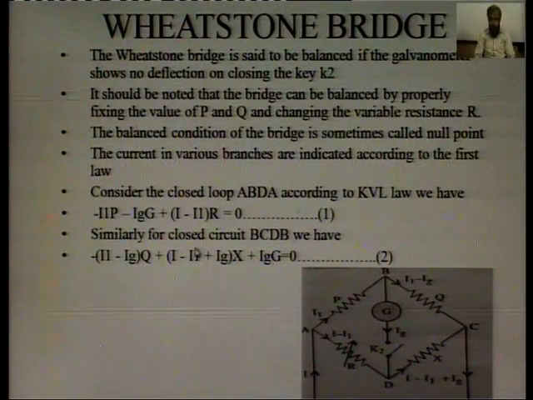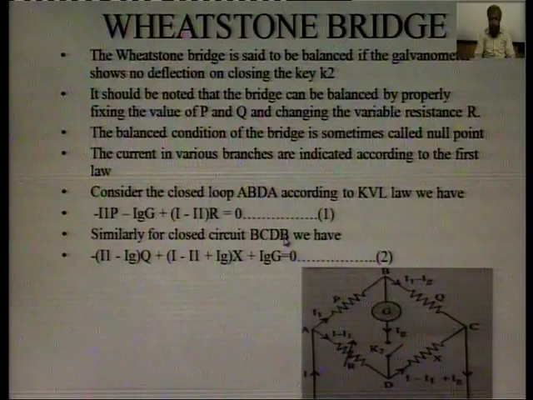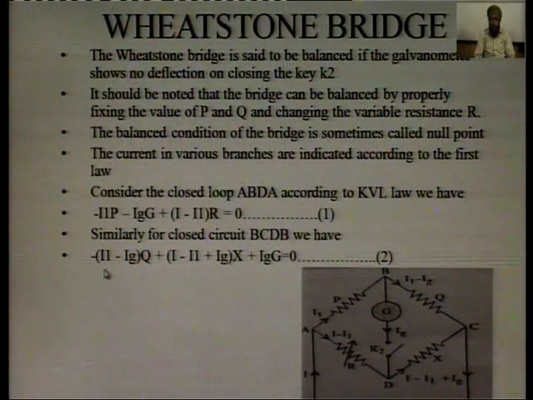Similarly, for closed circuit BCDB, we have minus (I1 minus Ig) into Q plus (I1 minus I1 plus Ig) into X plus Ig into G equal to 0. So the potential drop across all the resistors in a closed loop will be equal to 0.